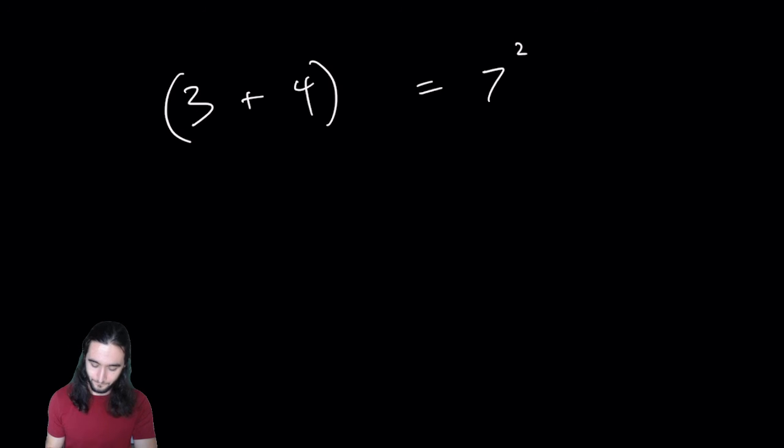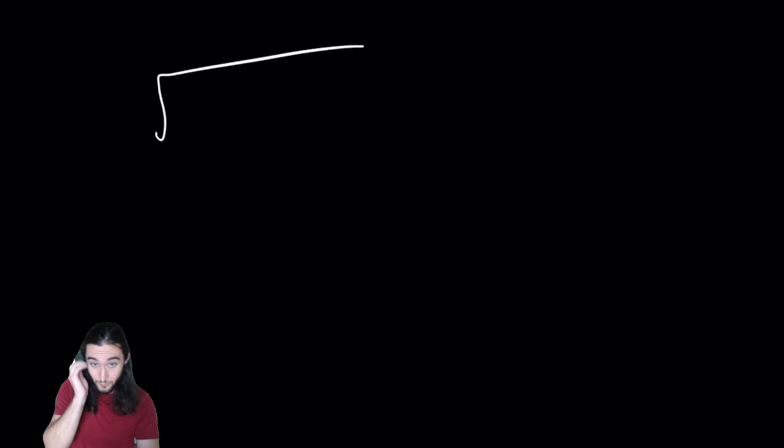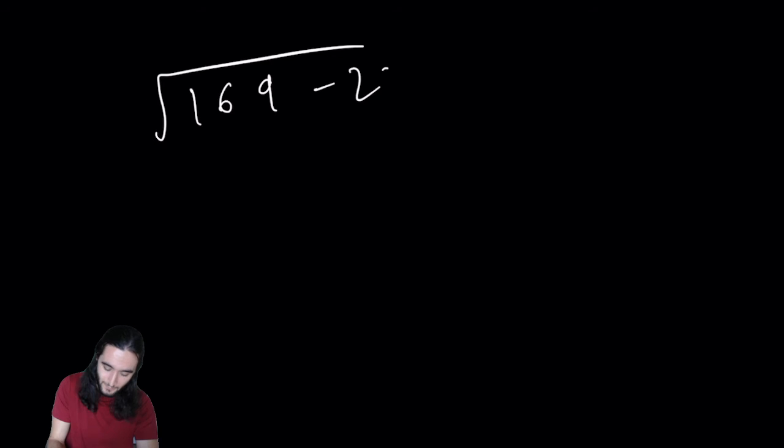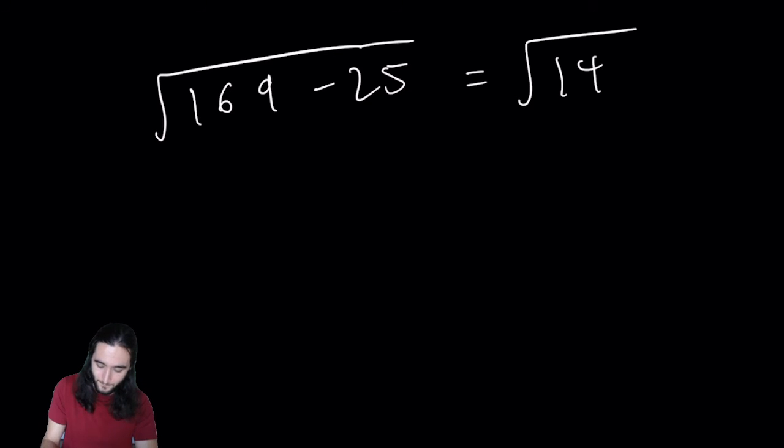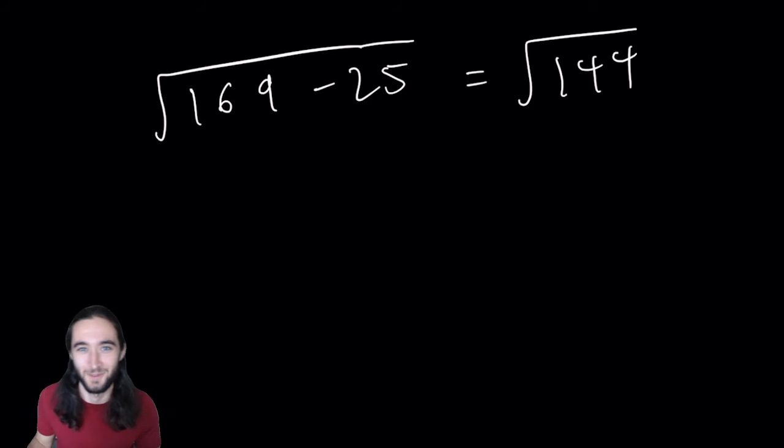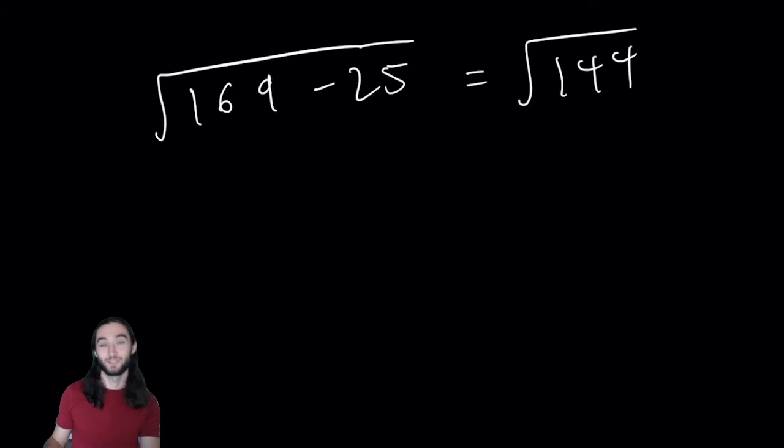Right? So as another illustration, consider the square root of 169 minus 25. So 169 minus 25 is 144. And I chose these numbers because they're all perfect squares. So check it out.